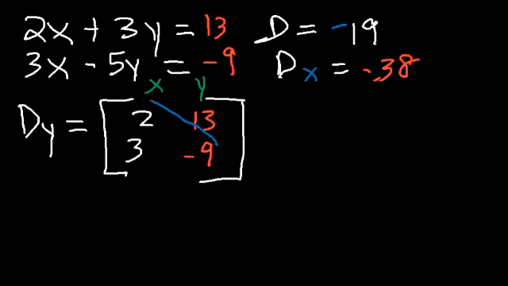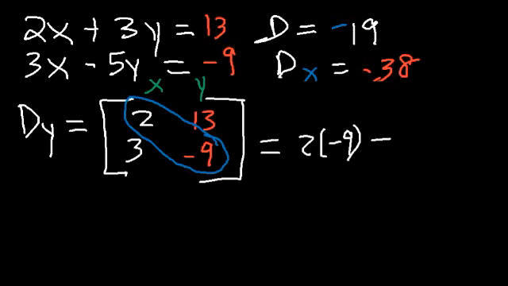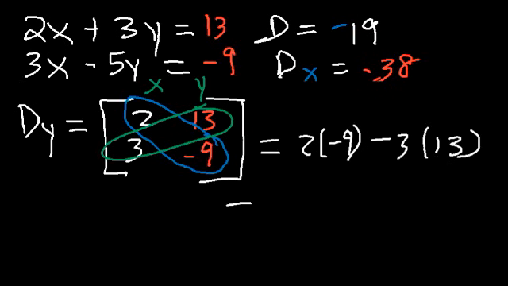So it's going to be 2 times negative 9 minus 3 times 13. 2 times negative 9 is negative 18, and 3 times 13 is 39. So negative 18 minus 39 is equal to negative 57.